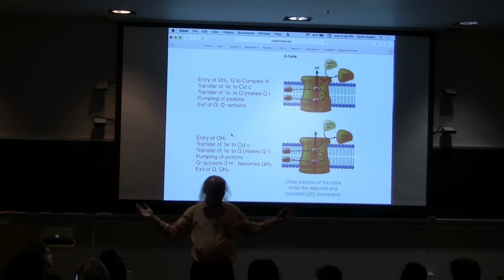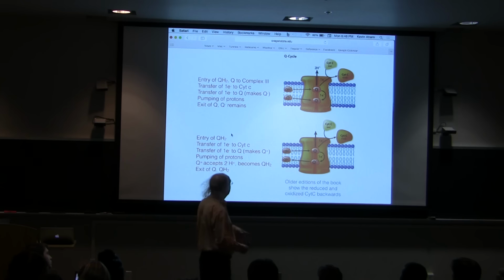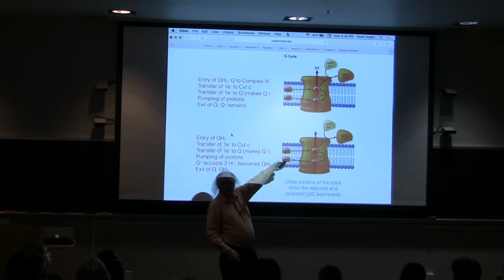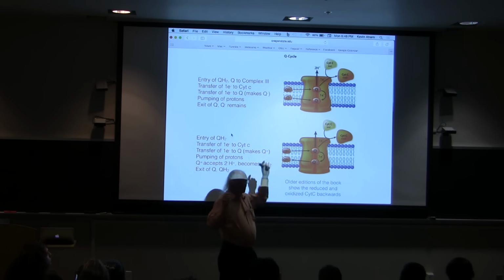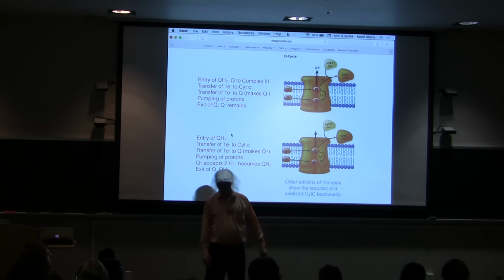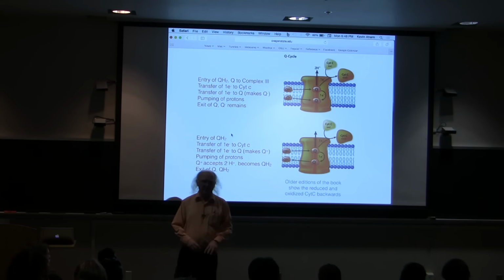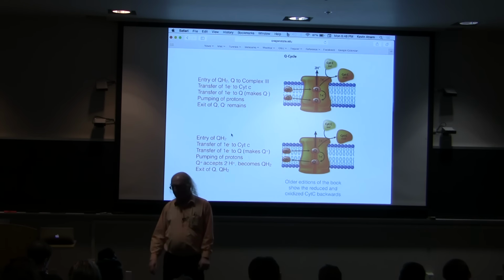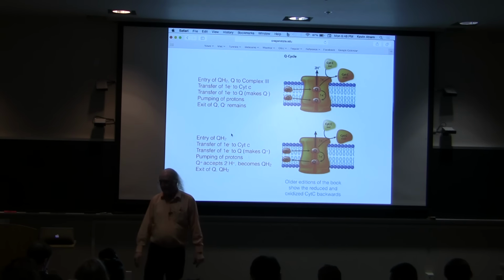Yeah, so once it's gotten oxidized, it can go back to complex 1, sure. Or it could come in to an open site of this and perform the same function, right? So Q is there to do whatever it happens to bump into next. As I said, there's millions of these things in a membrane. And where it happens to bump into is just random in terms of what the next thing is it goes and does.